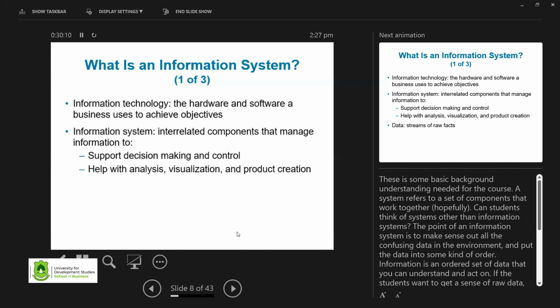And we call it the 5-factor framework. This 5-factor framework can be used to explain what IT is and what information system is. So in an exam, one of my favorite questions, using the 5-factor framework, explain the difference between an information system and information technology, using examples in an organizational context.